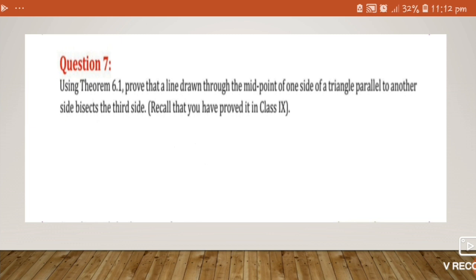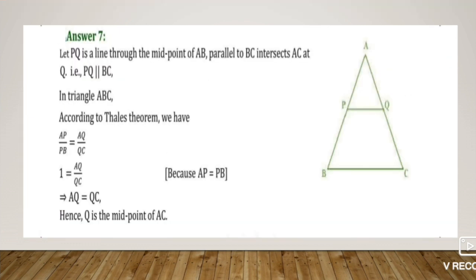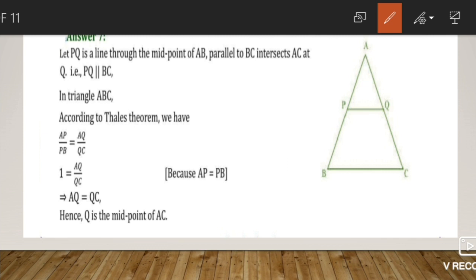So let's check the solution. Okay, look at the first statement and the figure. Let PQ be a line through the midpoint of AB and parallel to BC, intersecting AC at Q. So what is given? Given that P is the midpoint of AB, and through this point P you are constructing a line PQ, which is also parallel to BC.